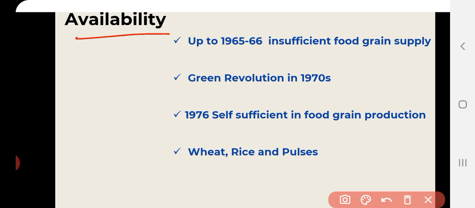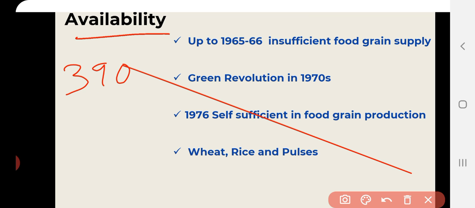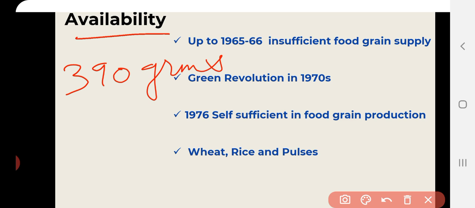As per the statistical data, the per capita per day availability of cereals in our country is 390 grams. This is the per capita per day availability of cereals, particularly wheat and rice only.